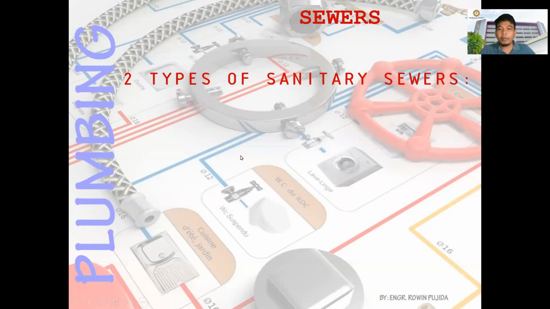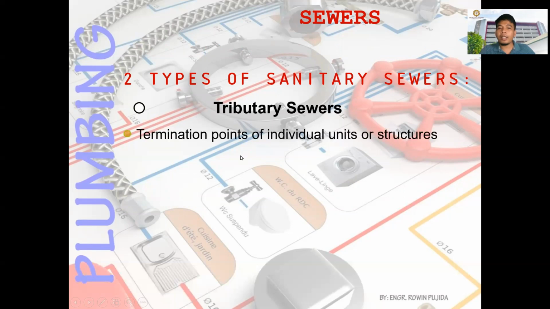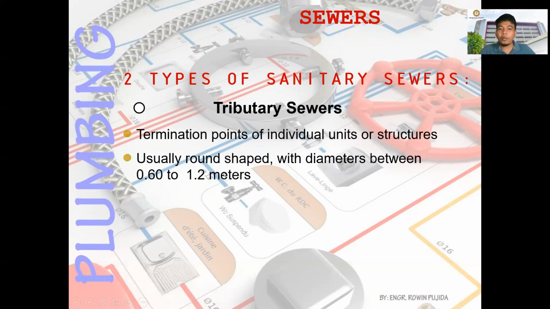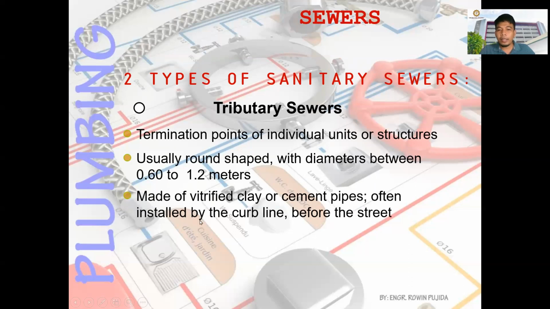So there are two types of sanitary sewers. You have the tributary sewer, the termination point of an individual unit or structure, usually round in shape with a diameter between 0.6 to 1.2 meters, made of vitrified clay or cement pipe, often installed by the curb line before the street.